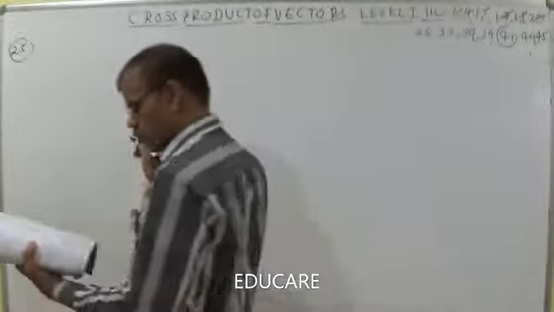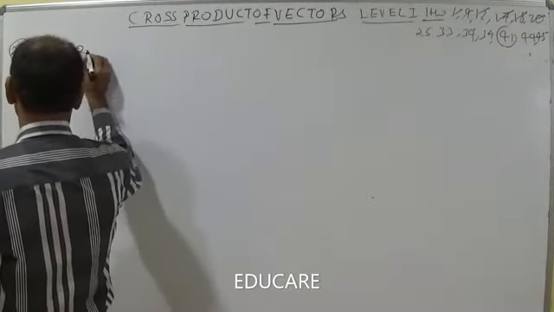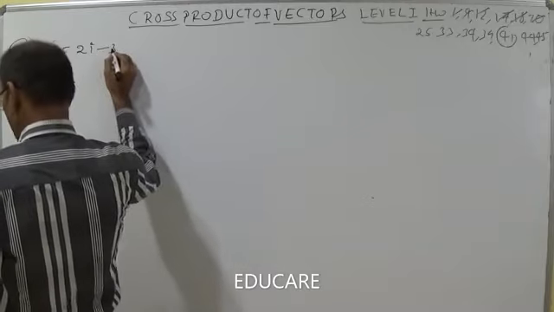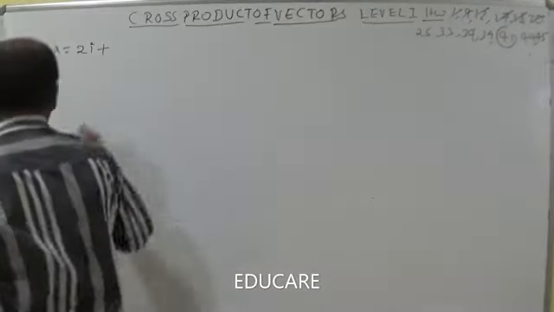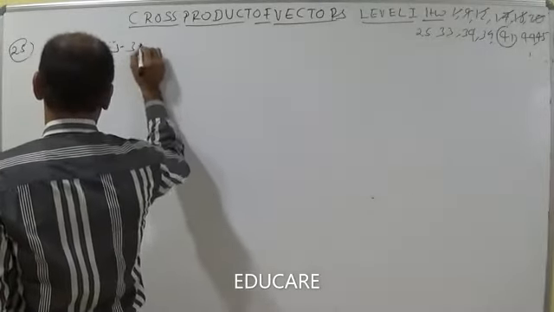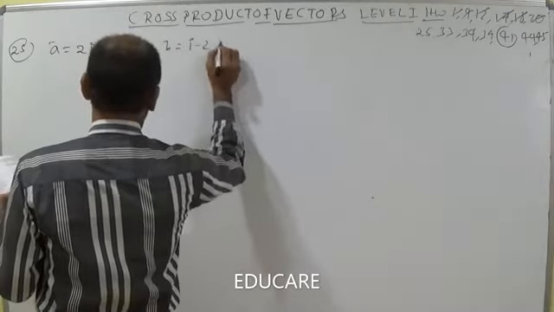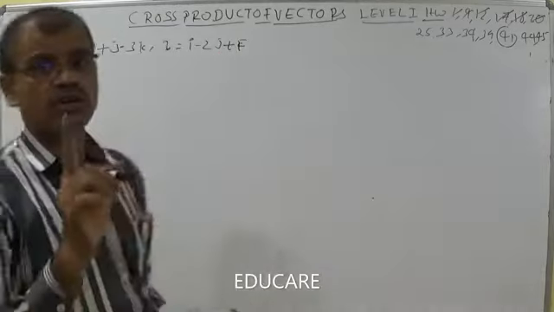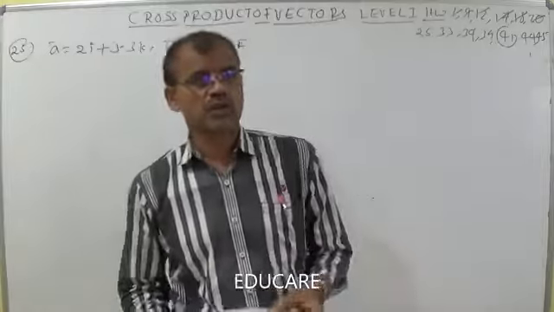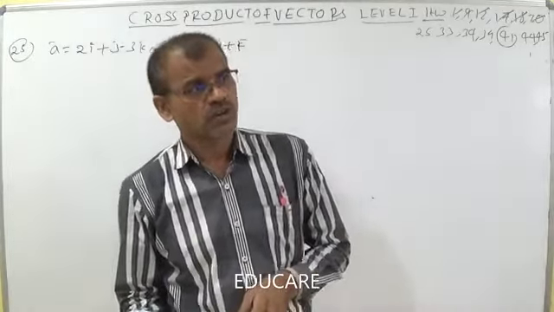The vector orthogonal to A bar equal to 2i plus j minus 3k, this is the first vector, and B bar is i minus 2j plus k. Having a magnitude equal to 5, whenever the magnitude is given, you should consider it in the denominator also.